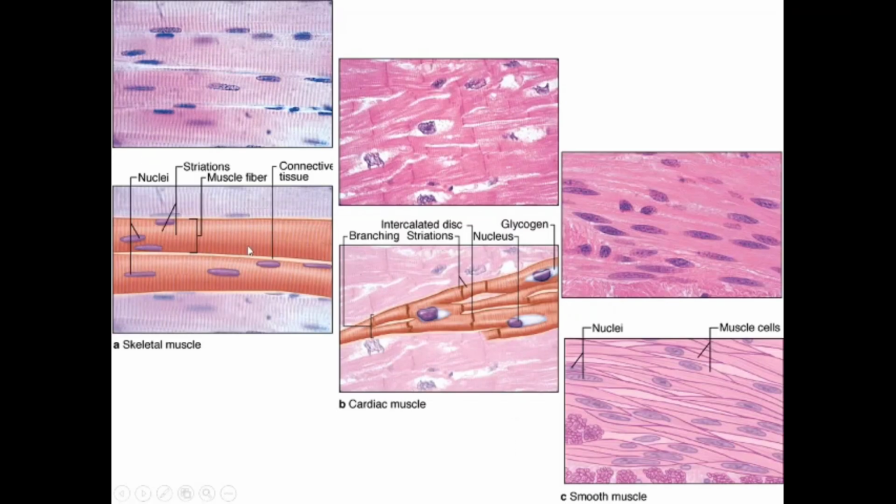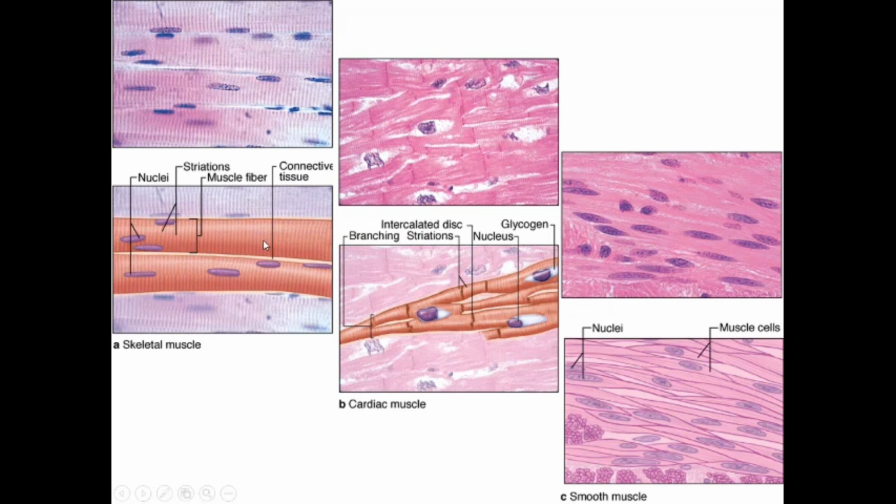Under the microscope, this muscle cell, including this picture you can see here, for example, for the skeletal muscle, under the microscope we can see very long cells, so we call them muscle fibers because they are very long. The cells have a cross striation.